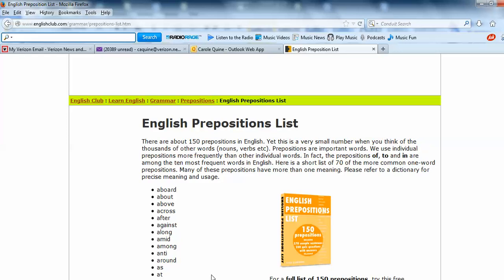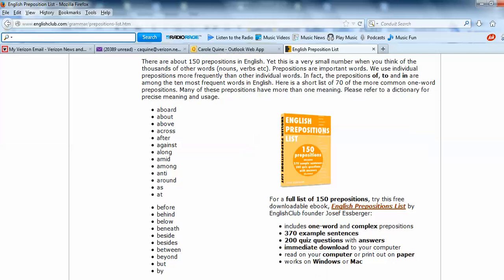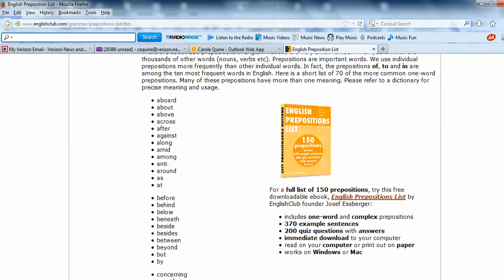So anyway, I have up on the screen the page from EnglishClub.com that covers prepositions, and they are marketing a book on English prepositions. If you have a need to know more about prepositions, get the book, but otherwise I think you can just look around the internet and get a whole bunch of lists of prepositions.